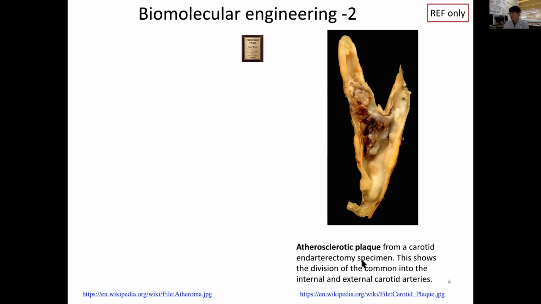from a carotid endarterectomy specimen. This sounds a little bit difficult, but endo means endothelium, which means the lining of the inside of the blood vessel, and arterectomy means cutting off, peeling off this endothelium to remove the plaque. So this is from the surgical specimen.